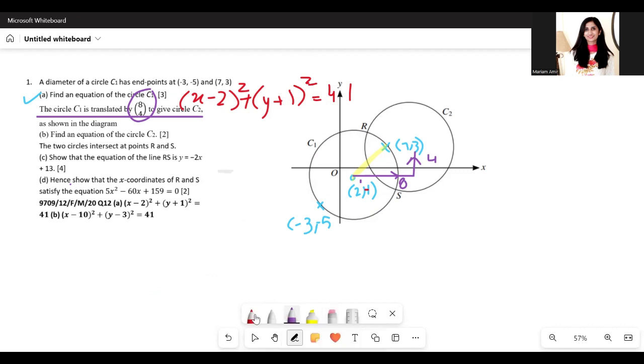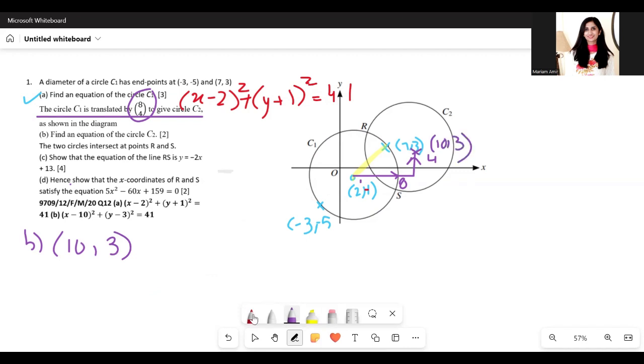So it's going to be, take 2, 8 units to the right, we get 10. And then take -1, 4 units up, we get a 3. So 10, 3 is the center of this circle C2. Let me write 10, 3 here.